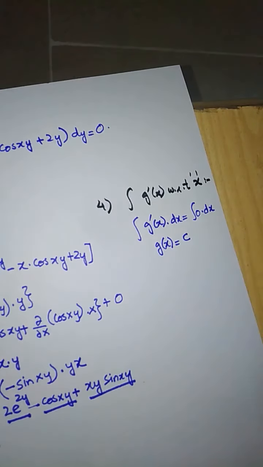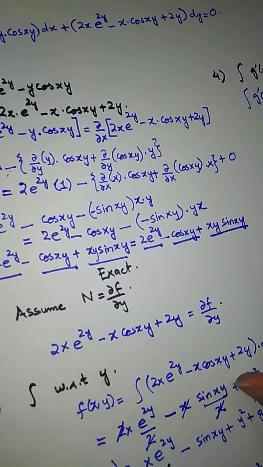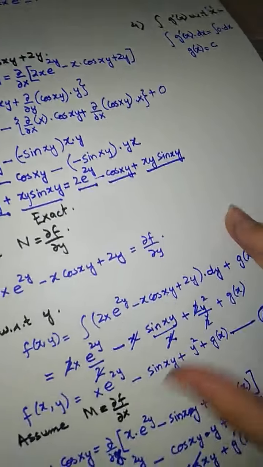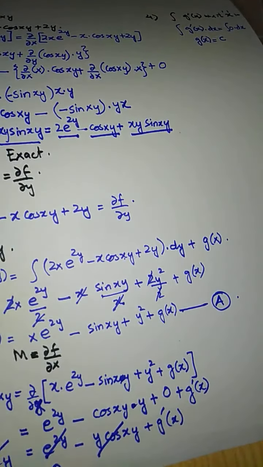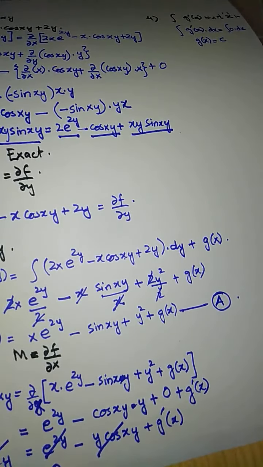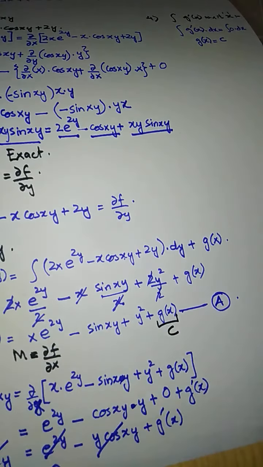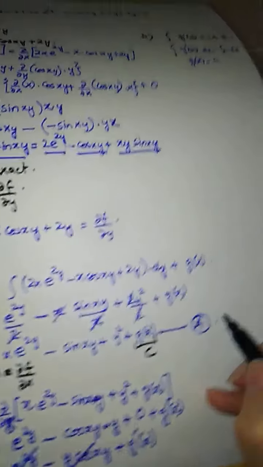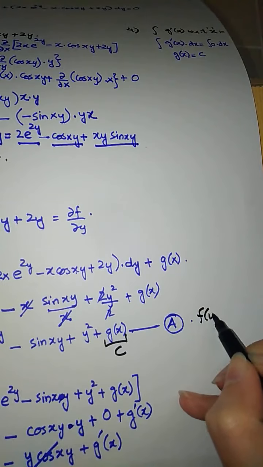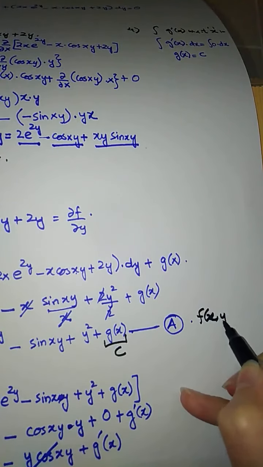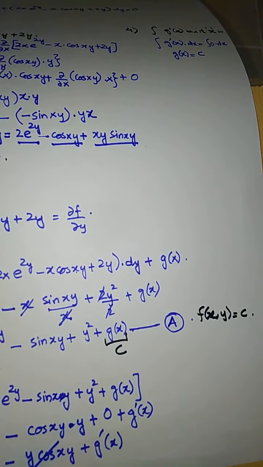Constant c, right? A constant has the derivative 0, and 0 has the integral constant. So all I do here is replace g of x with c in this equation A, and that is the solution, f of xy equals c. So that's it.